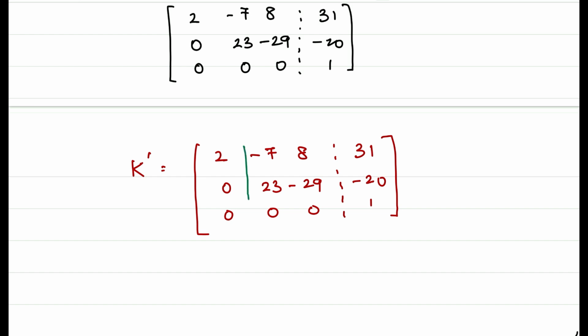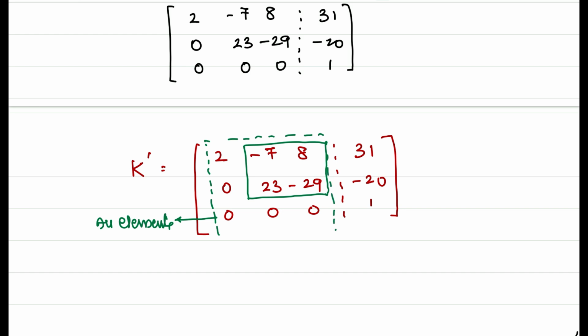In the coefficient matrix, this is the portion that has non-zero elements, whereas this row is totally eliminated because all elements are 0. I am talking only about the coefficient matrix. I am not taking the augmented matrix into consideration.